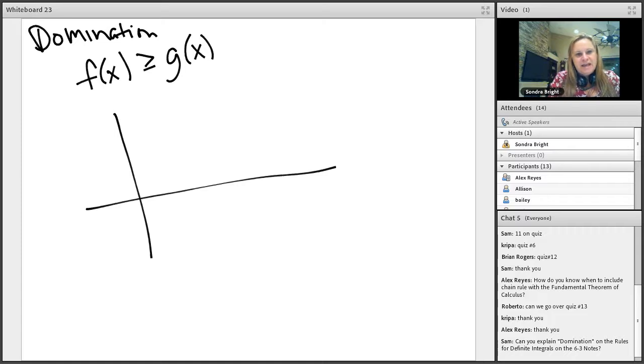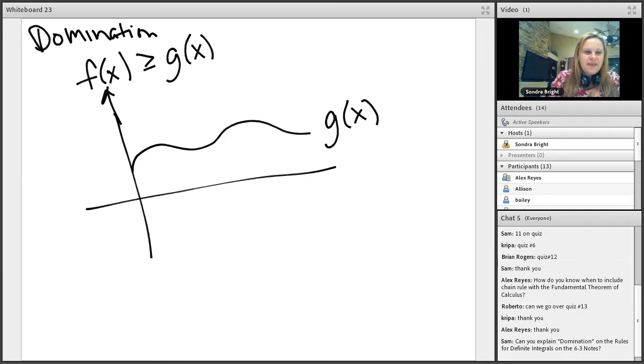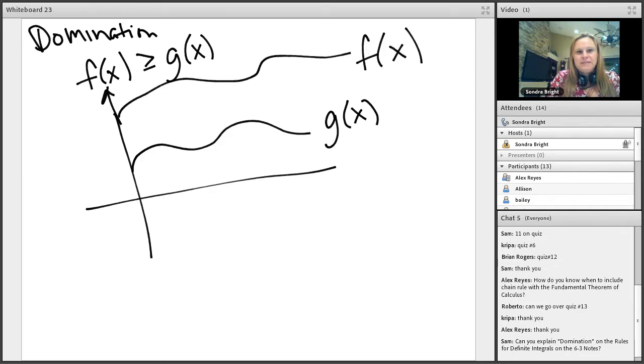So let's say I'll do something simple, say this is g of x, because I ran out of room, and then let's say this is f of x.